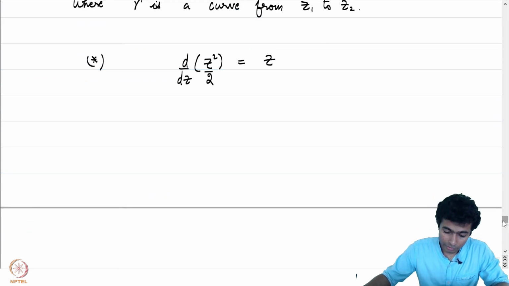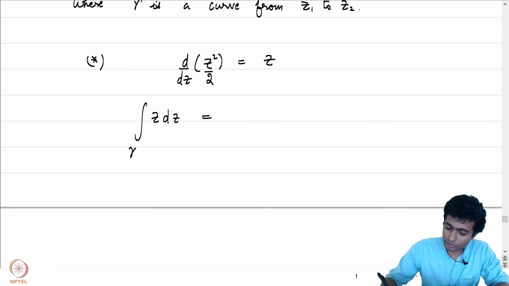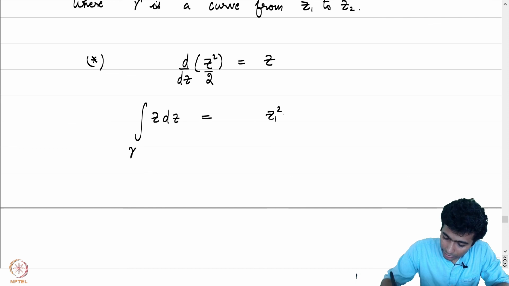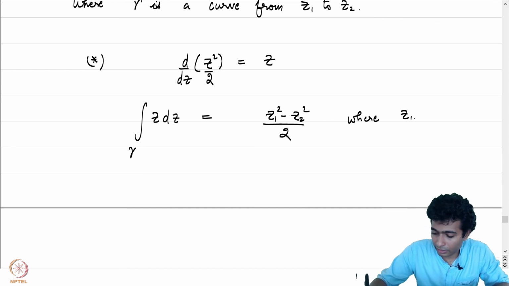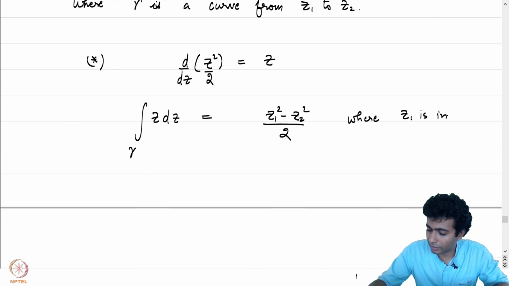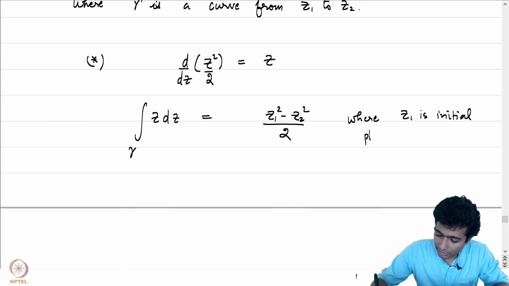Applying the fundamental theorem of calculus, the integral of z dz over any curve gamma is going to be equal to (z2 square minus z1 square) by 2, where, as earlier, z1 is the initial point. Now I made it z1 and z2 rather than z0 and z1, but it's quite straightforward, no confusion will come up.